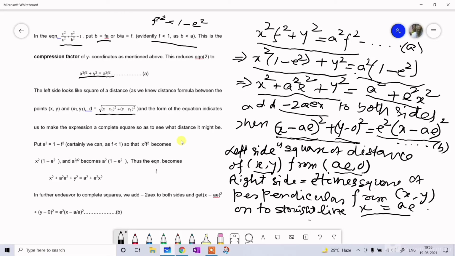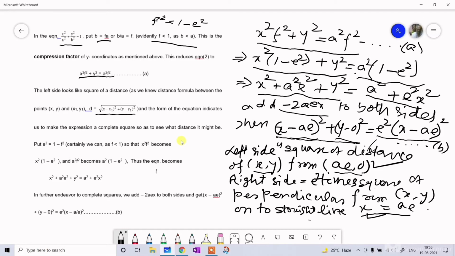So this point (ae, 0) is called the focus, and this straight line x equals ae is called the directrix. So you now get, from equation B, that the distance from the focus is e times the distance from the directrix, when b is less than a.